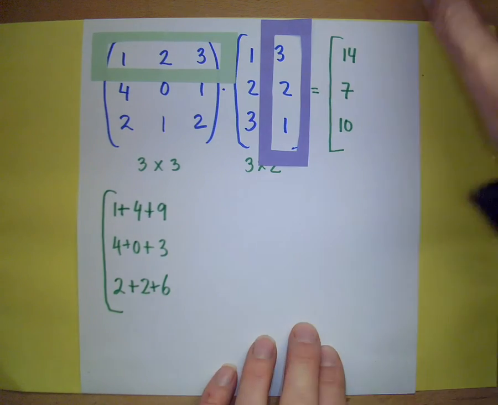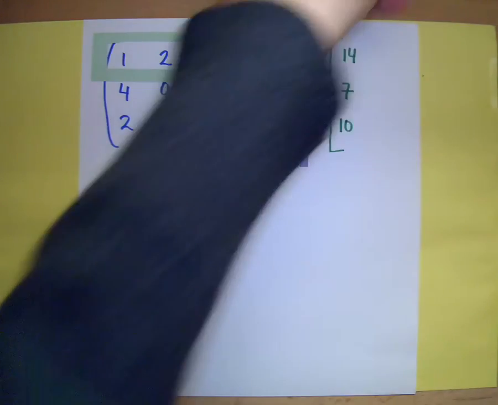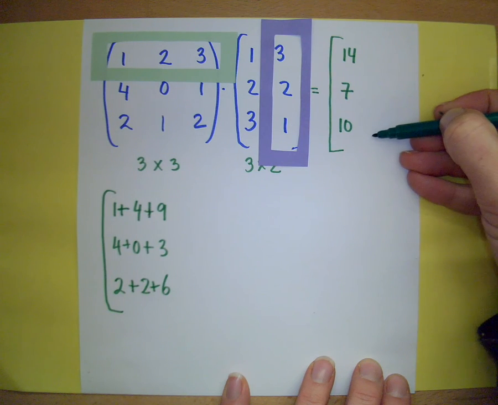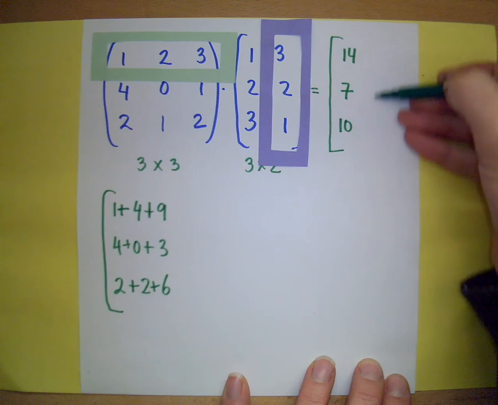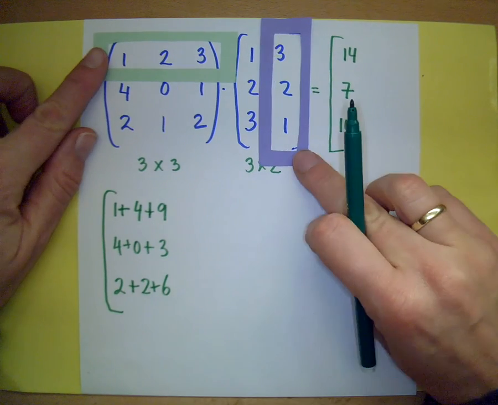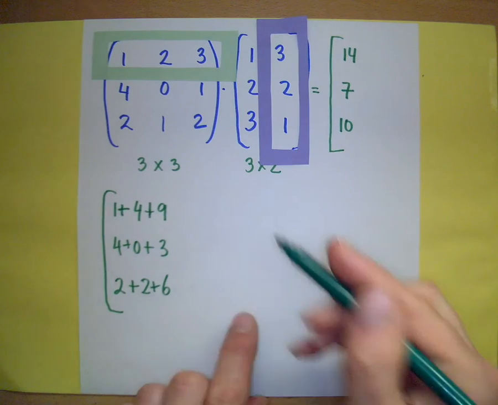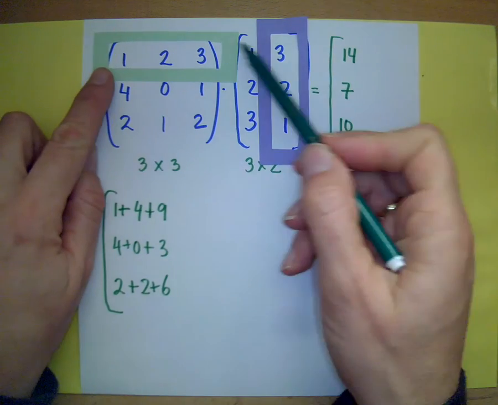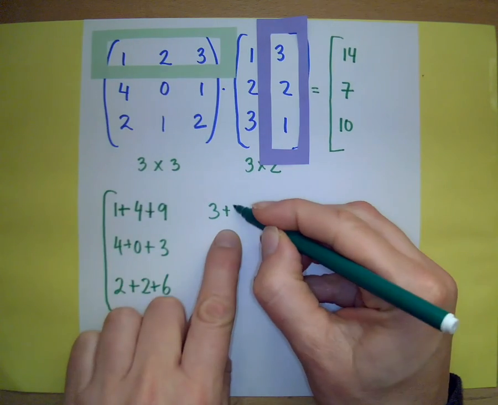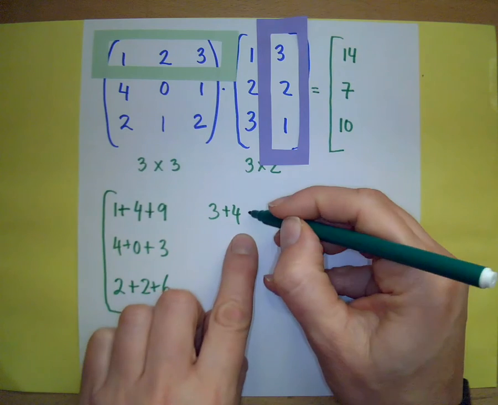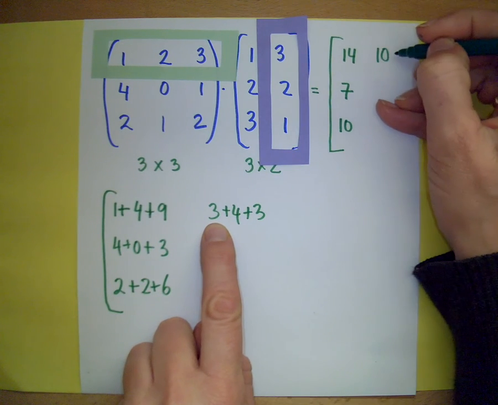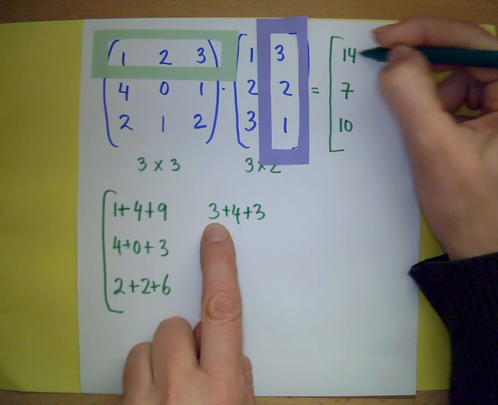We're going to find the answers to our second column, and we're going to start with row 1 again. So 1 times 3 is 3, 2 times 2 is 4, 3 times 1 is 3. This together is 10. It's our second column, first row.